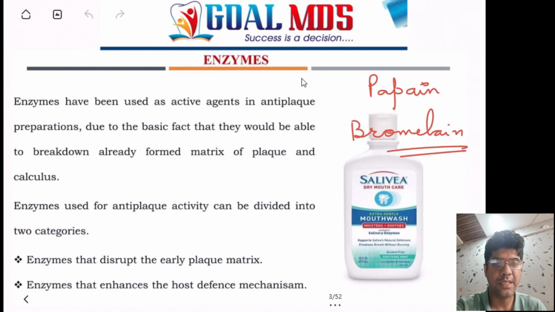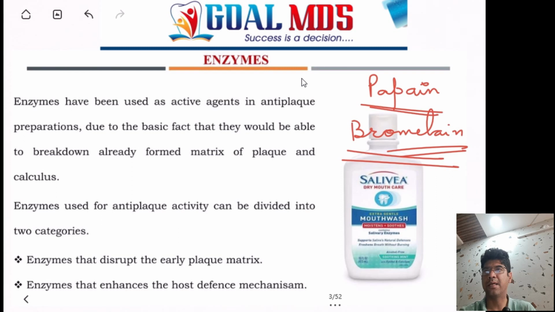What are enzymes? They are biological molecules that act as anti-plaque agents. So these enzymes help to reduce plaque buildup and support better oral hygiene. The examples are papain and bromelain. Papain is an enzyme that is derived from papaya fruit.